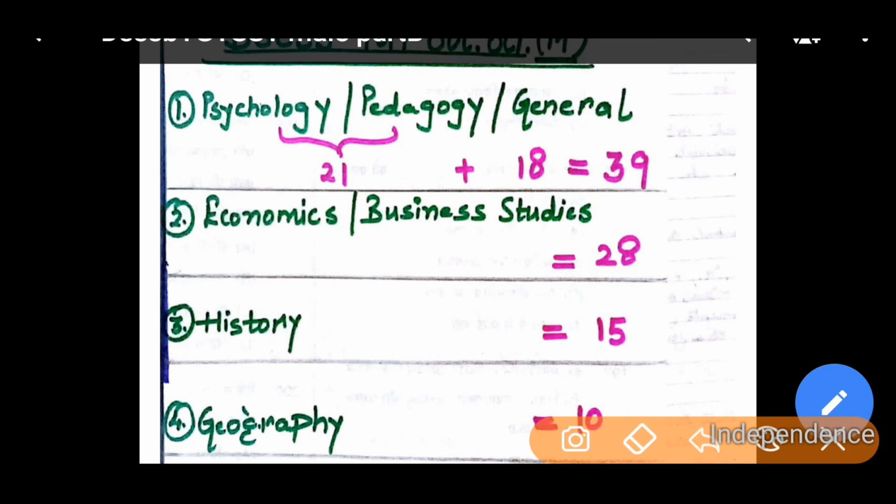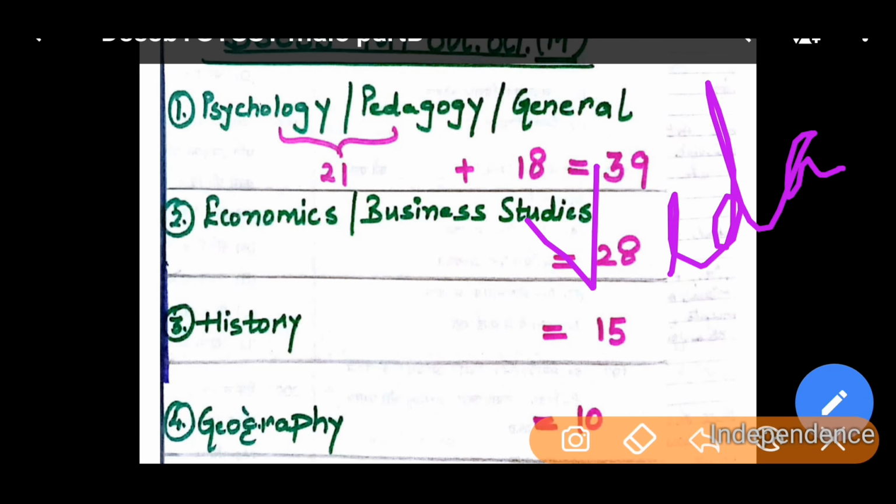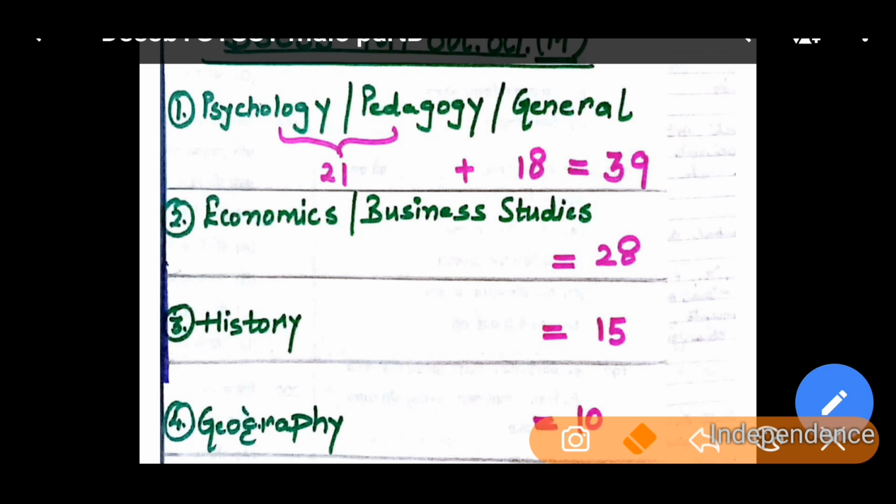And then there was one question about the Vedas, the Rig Veda basically, and which is very general. If you know about the timeline of history, you would be able to do it. Then there can be questions about ancient history and medieval history.